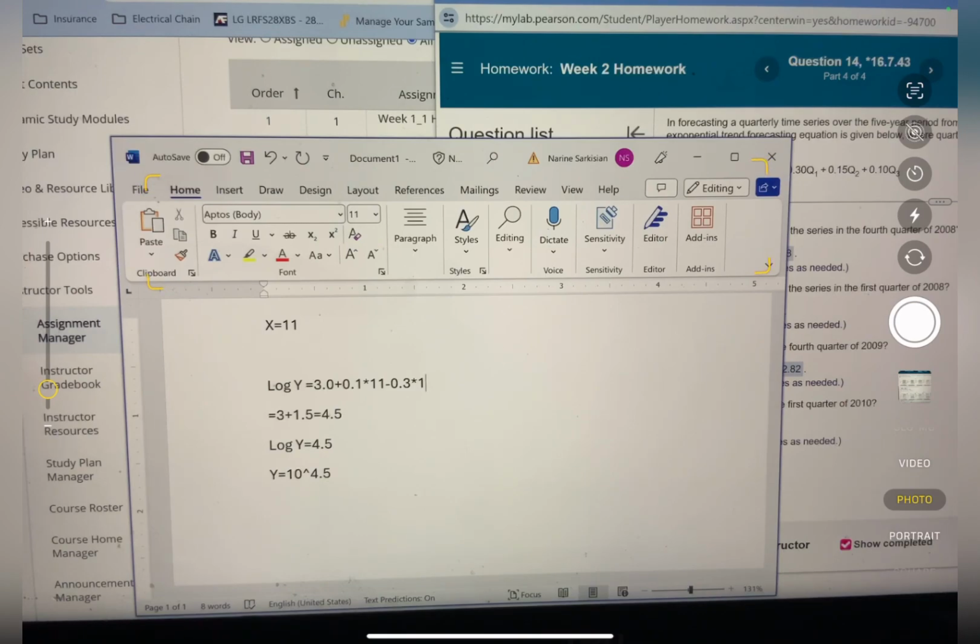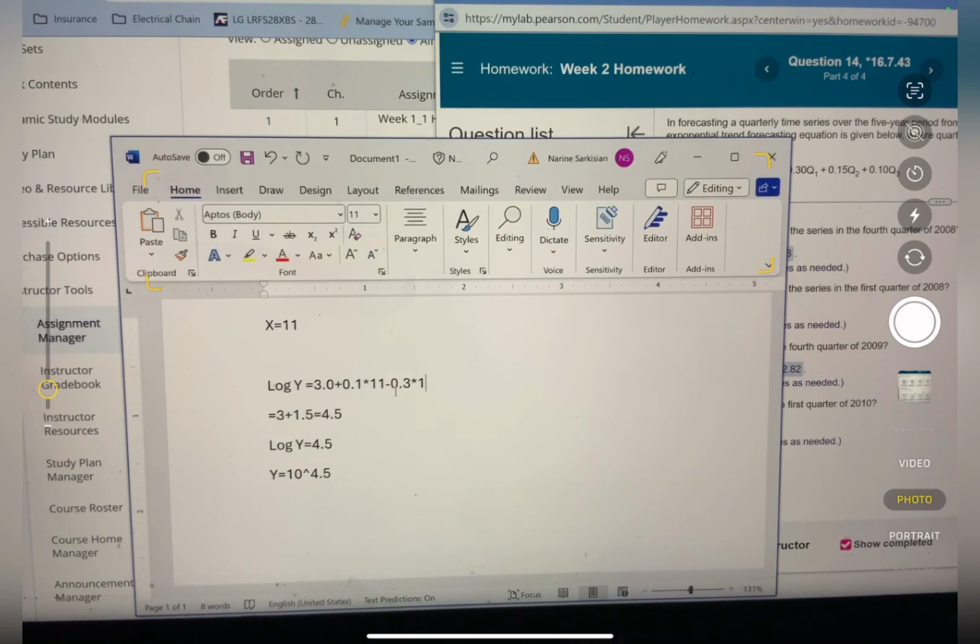So what do we get? I'm doing this piece first: 0.1 times 11 is 1.1, and then plus 3, I'm getting 4.1, and then subtracting 0.3, and I'm getting 3.8.